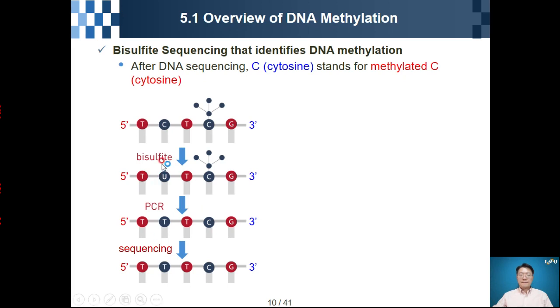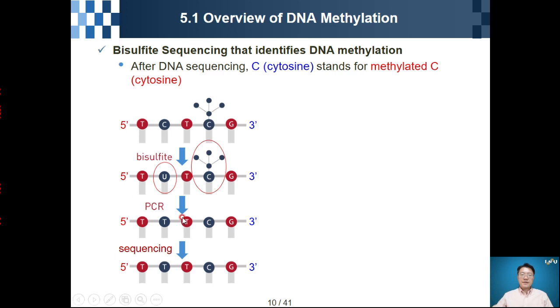So after bisulfite treatment, cytosine will be converted to uracil and 5-methylcytosine will still be 5-methylcytosine.